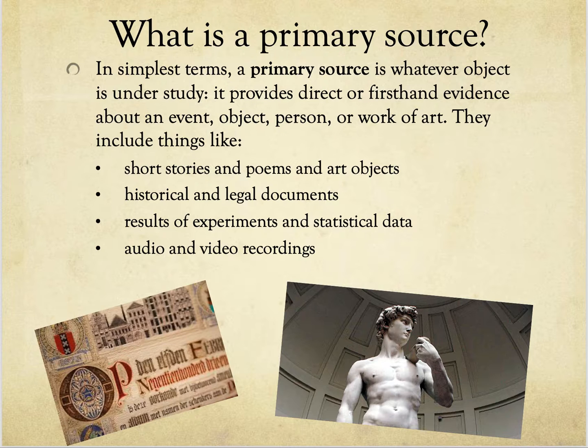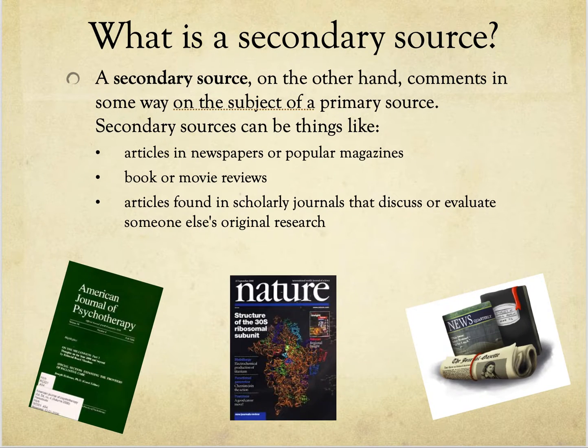Those are primary sources. Let's define a secondary source then. A secondary source comments in some way on the subject of a primary source. It brings ideas or commentary about the primary source. In college, you're often asked to find secondary sources for an assignment by doing research in the library.